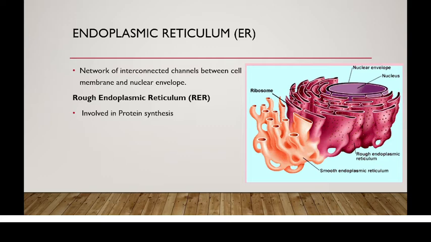Rough endoplasmic reticulum has a rough appearance due to the presence of ribosomes on its surface, so it is associated with protein synthesis. While smooth endoplasmic reticulum is free of ribosomes. No ribosome is present on its surface, so its appearance is smooth.